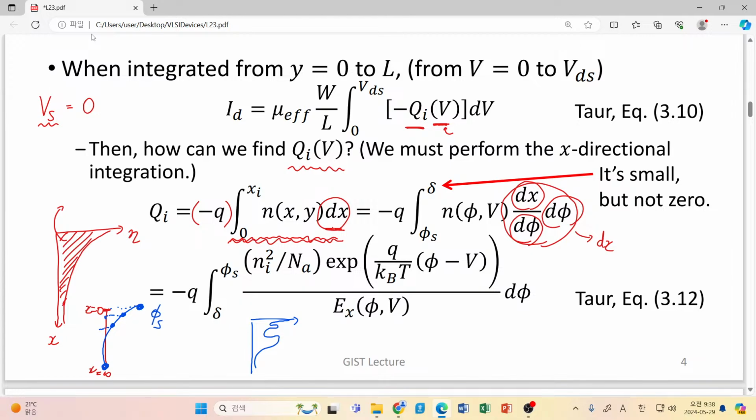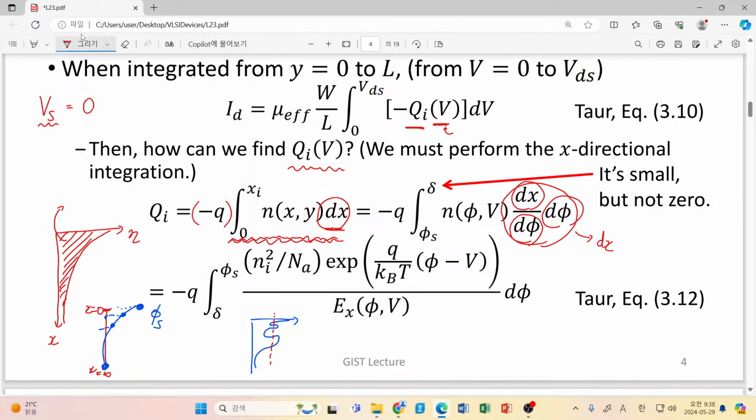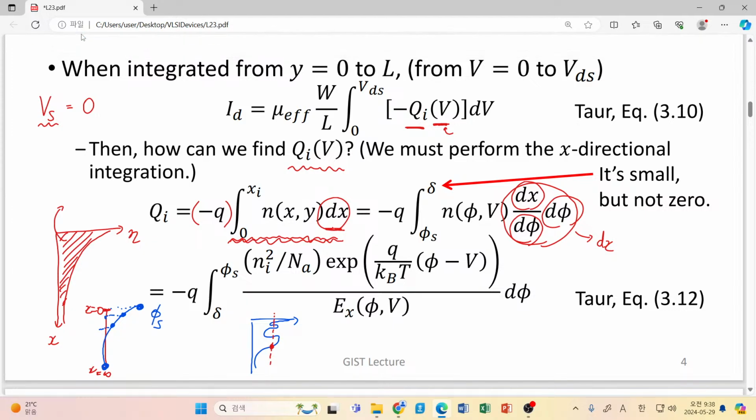If we consider a certain potential value, then we can identify multiple x points. This is the x point corresponding to a certain phi, and here we have another point, and another point. So in this case, we cannot make such a change of variable.